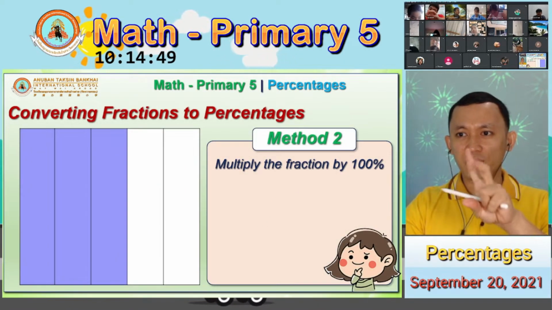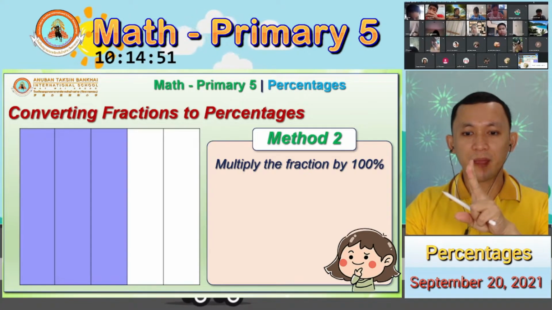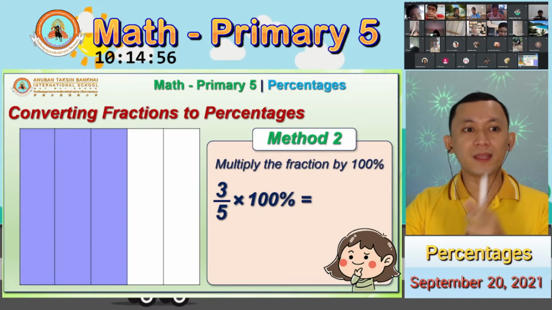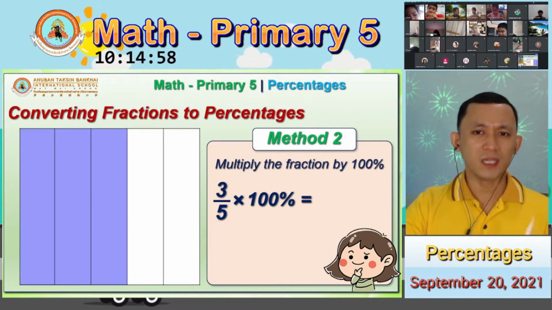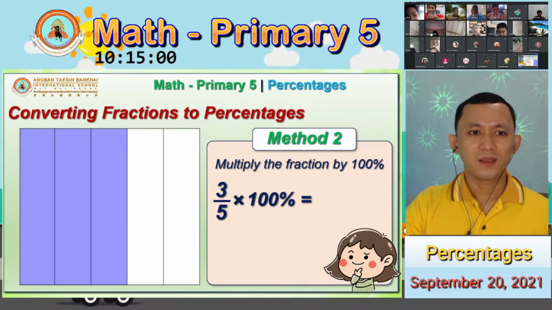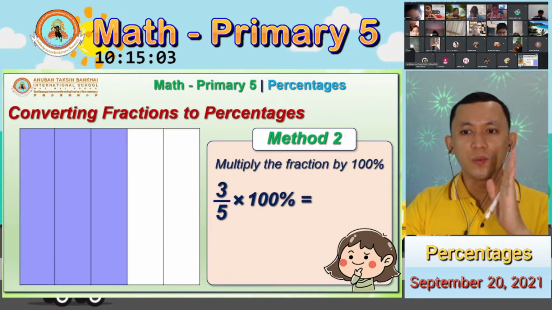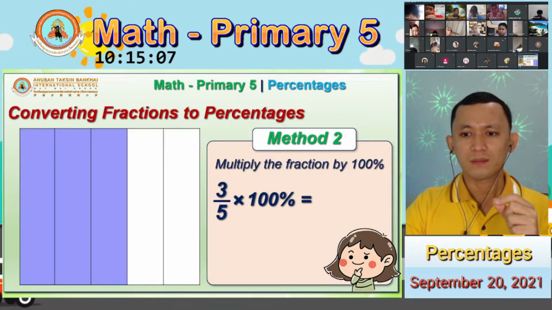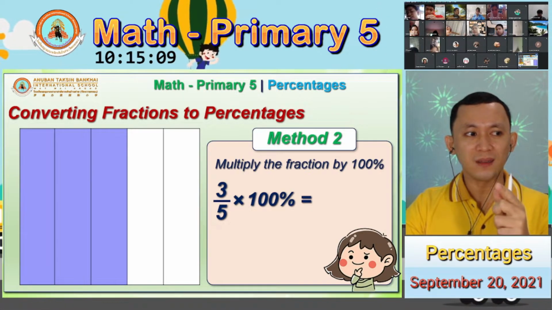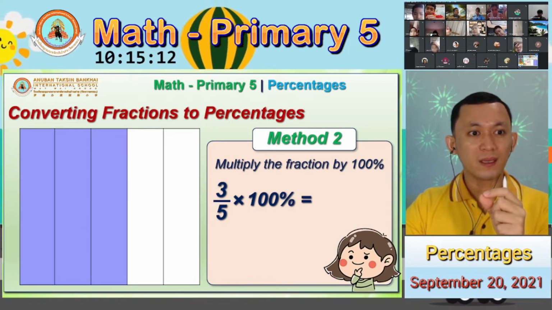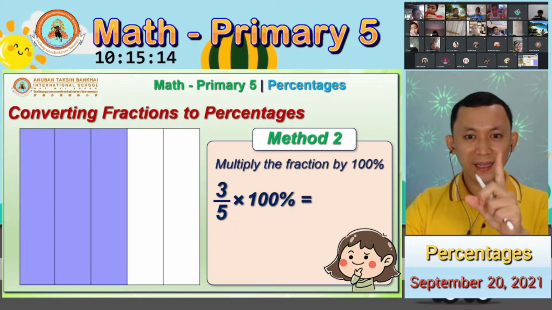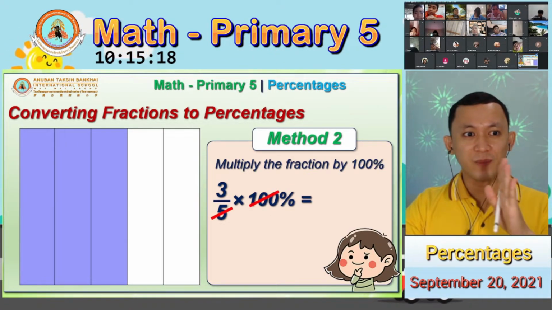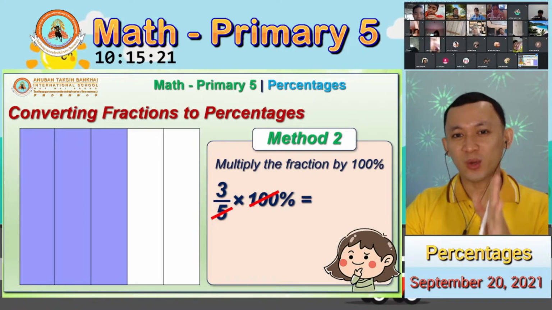Now, let's have another example. Let's have method 2. In method 2, we are going to multiply, and when we say multiplication, we can cancel.